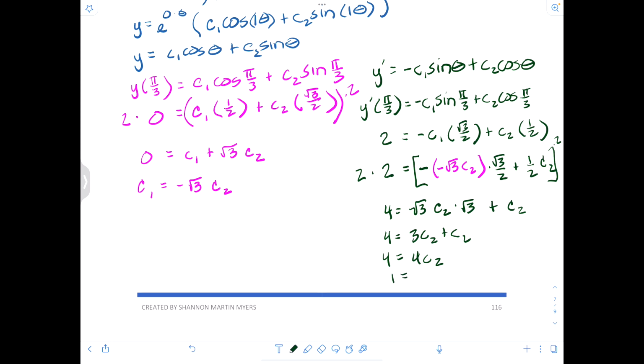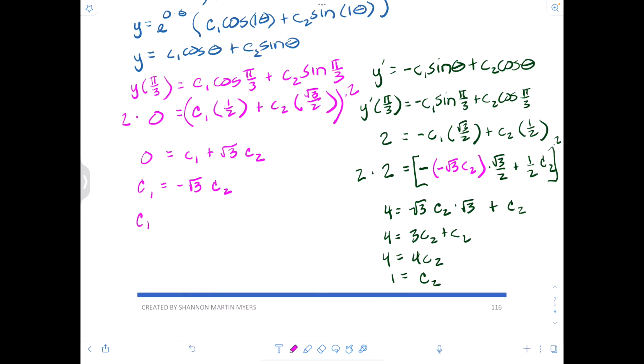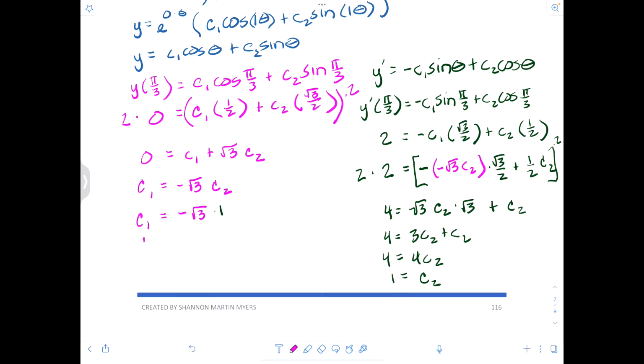And 1 would equal c2. So if c2 is equal to 1, then c1 is going to be negative root 3 times 1, which is negative root 3.